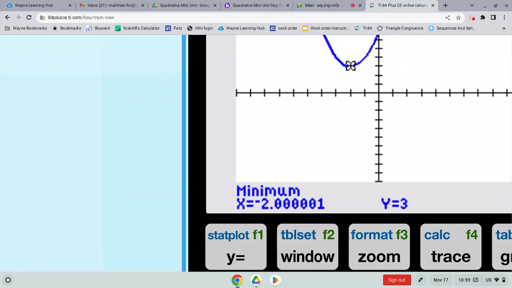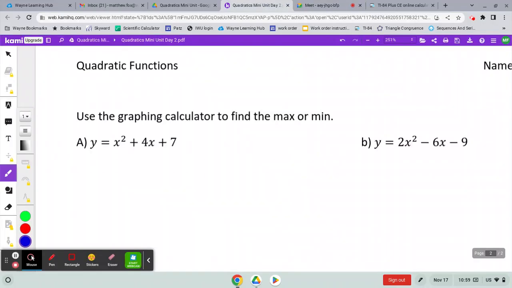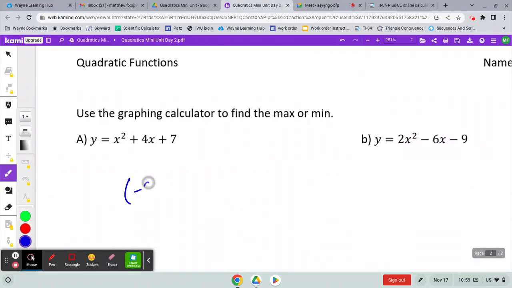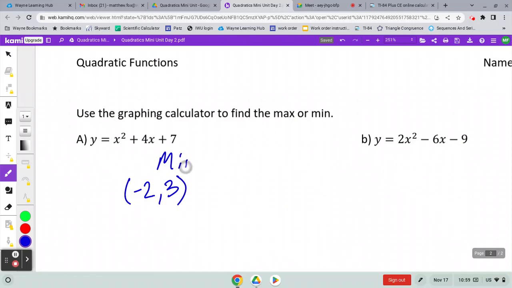So, what is my vertex? -2. And what's the y value? 3. And what did we say that was, a min or a max? Minimum. Next one. All right, give letter B a try. Do the same approach and try letter B.